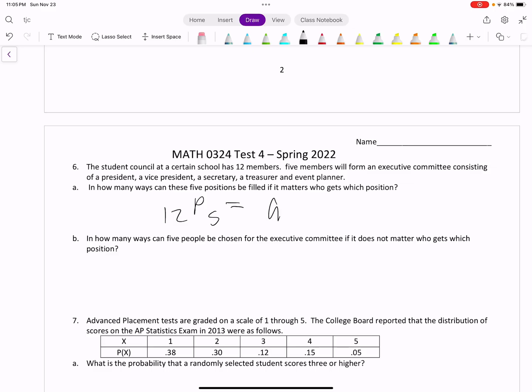So that's 95,040. Okay. Now, how many ways can 5 people be chosen for the executive committee if it doesn't matter? So now we're doing combination. So this is now 12C5. Okay.